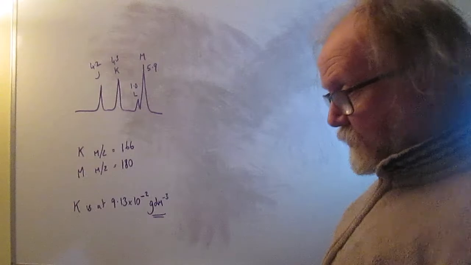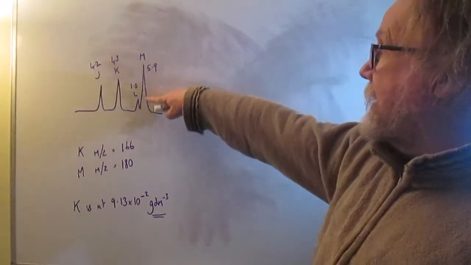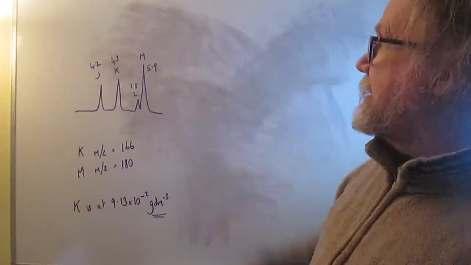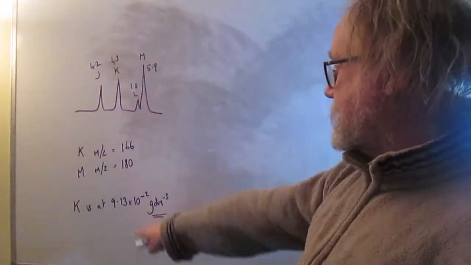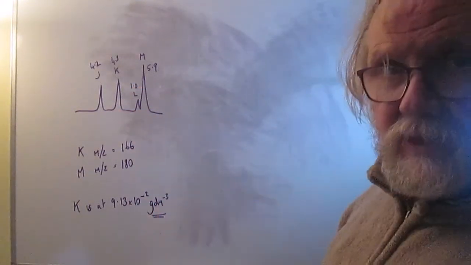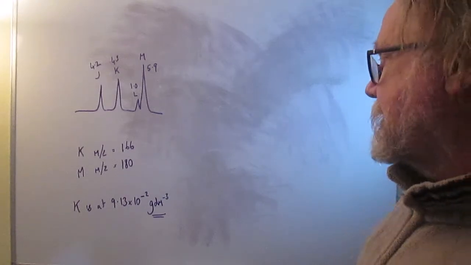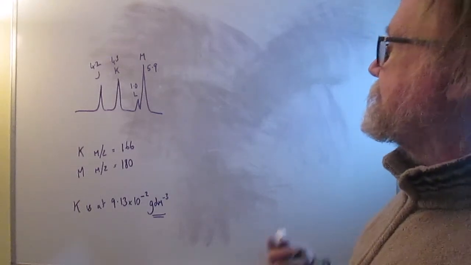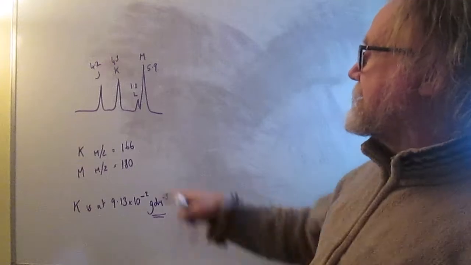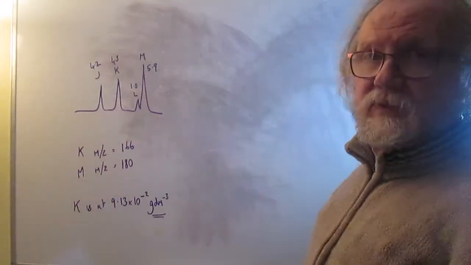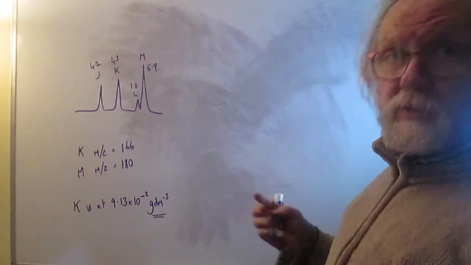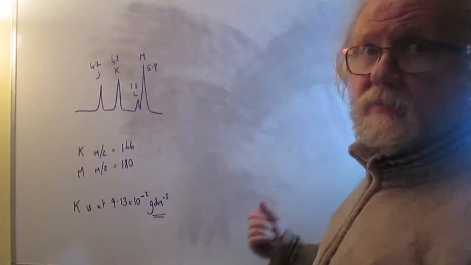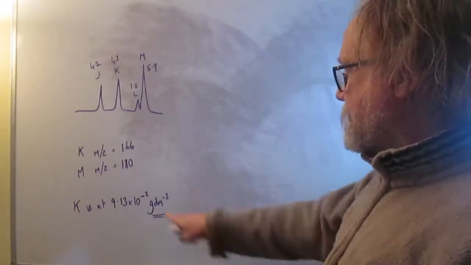In part C, we're asked to work out the concentration of M, this component, in moles per dm cubed, given that we know the concentration of K, which is this component, but we know that in grams per dm cubed. So the thing to realise is that the intensities of these peaks in a gas chromatograph are proportional to the concentration in moles per dm cubed, not in grams per dm cubed.